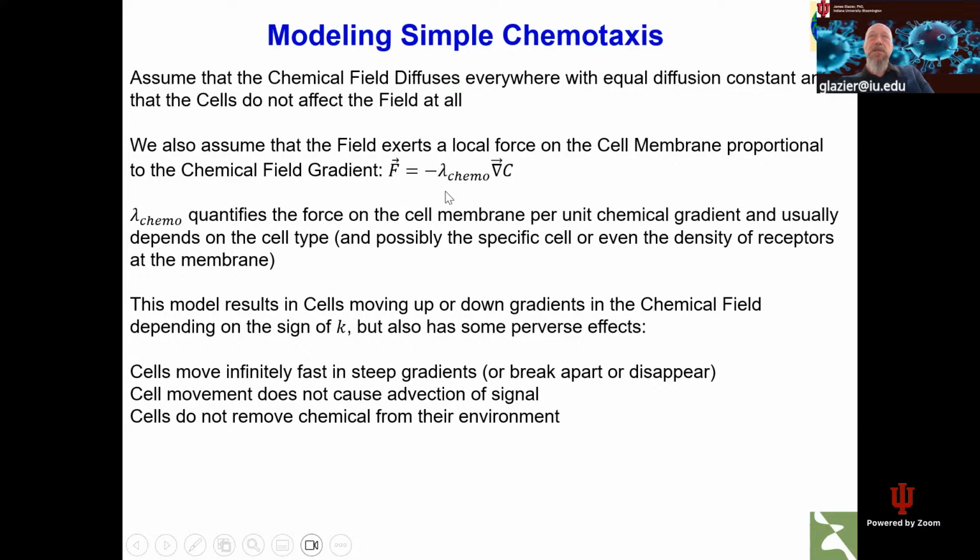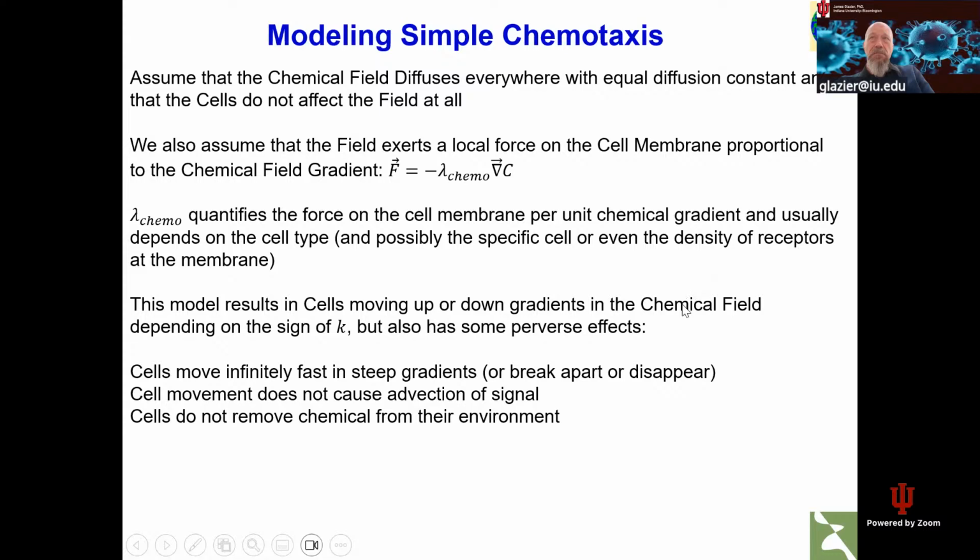So the force is minus lambda chemo times the gradient of the chemical concentration. And that would probably depend on the density of the receptors. Now, in principle, the receptor density might not be uniform over the cell membrane, but that's something that we have to do extra work to simulate.